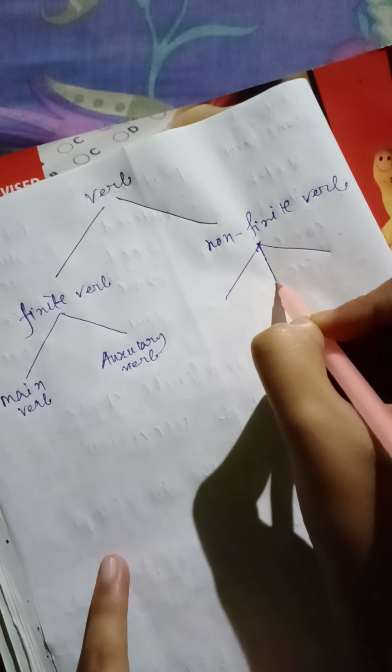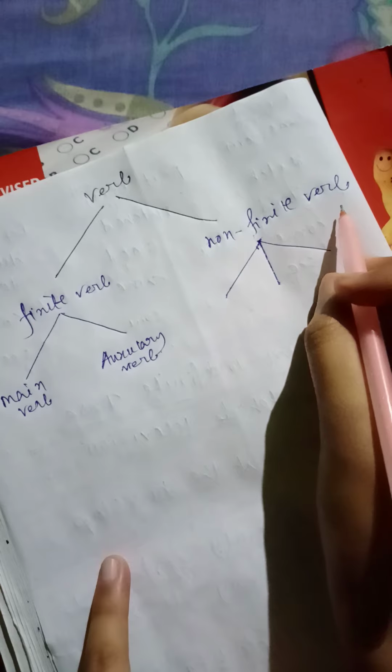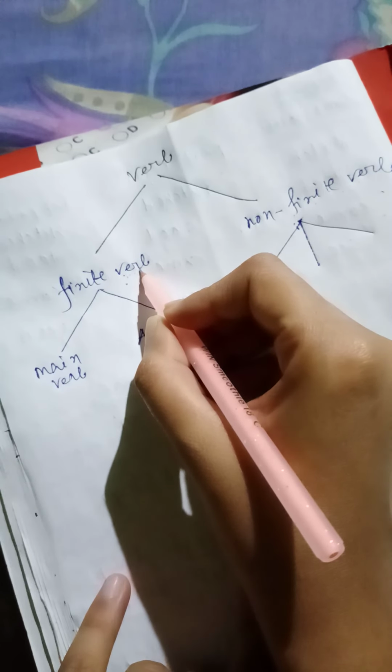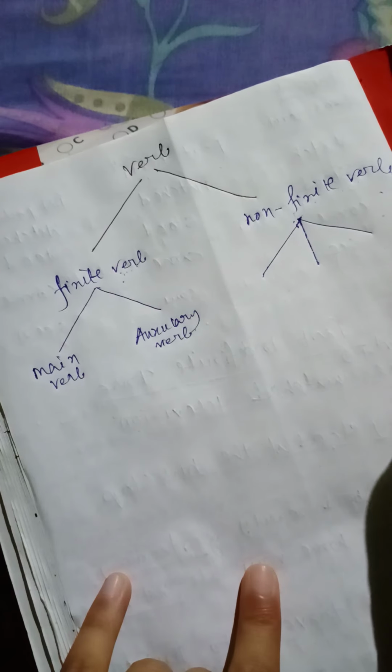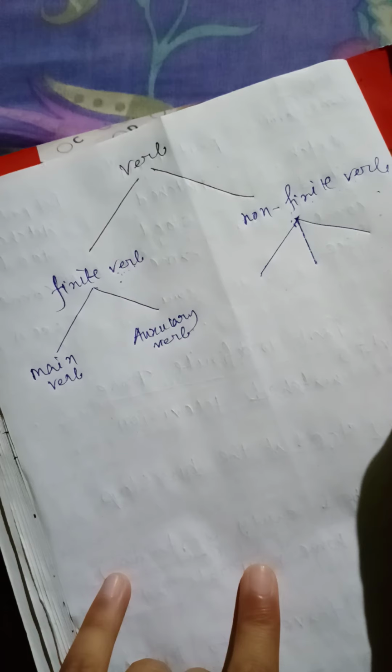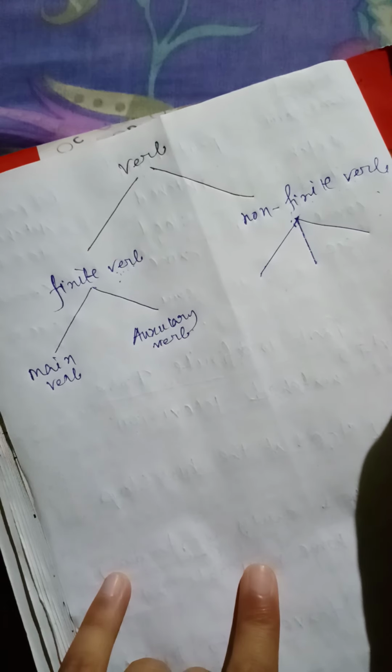Before I further divide this non-finite verb, let me tell you what is finite verb and what is non-finite verb. Finite verb is something by looking at which we can tell the tense of a sentence. When we use a finite verb in a sentence, it will indicate the tense of the sentence.